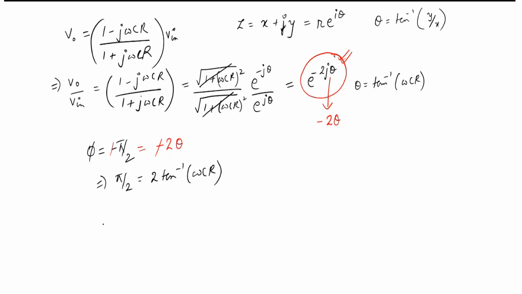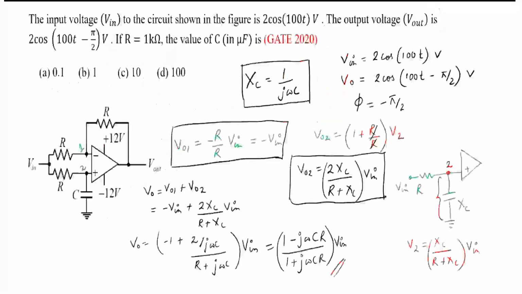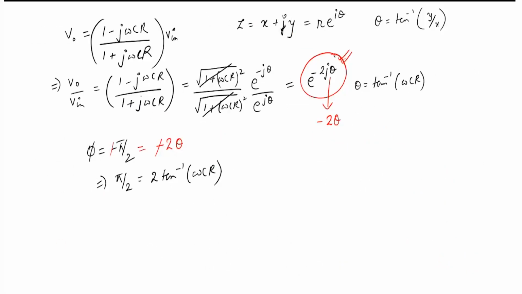So what was asked in the question? Find the value of C in microfarad. So we are done here, because from here you can have tan pi by 4 is equal to omega CR. What is tan pi by 4? 1.